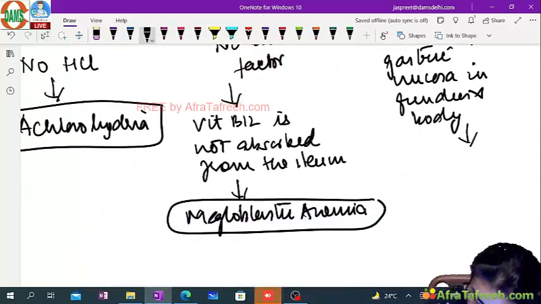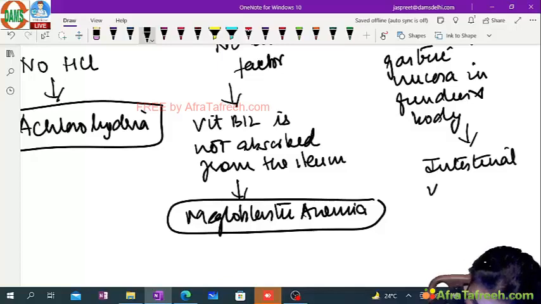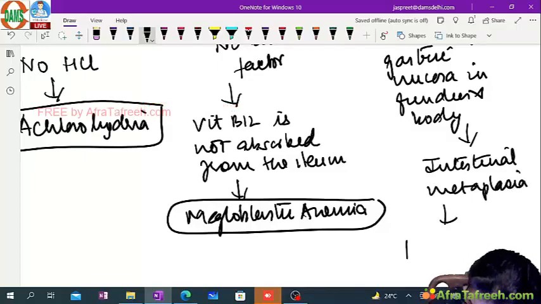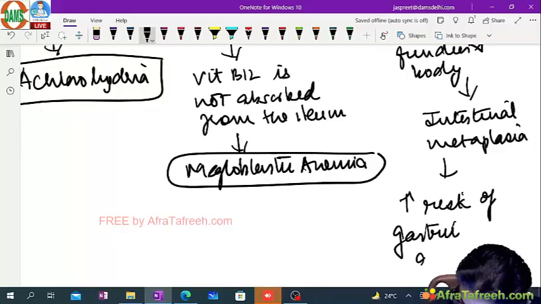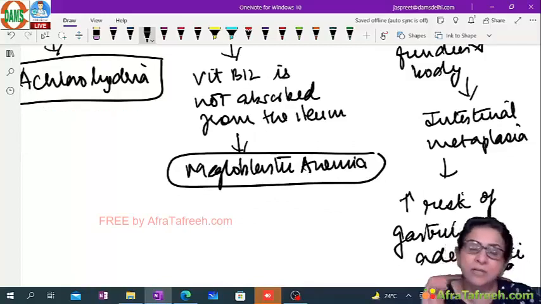Atrophy predisposes to intestinal metaplasia. And this predisposes to an increased risk of gastric adenocarcinoma.